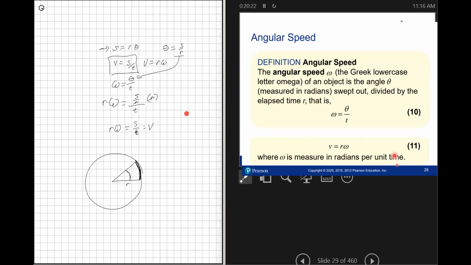If you're given r and you can calculate the angular speed, then you can calculate the linear speed off of the angular speed. Or if you're given the linear speed, v, if you divide that by r, that will give you your angular speed. So as long as you have the radius and one of those two speeds, you can find the other one.